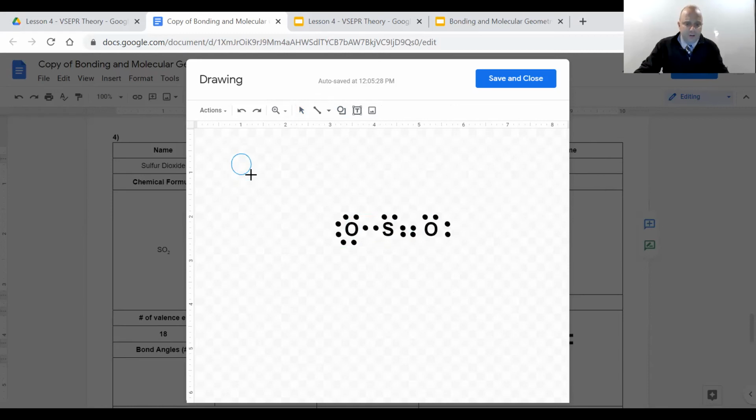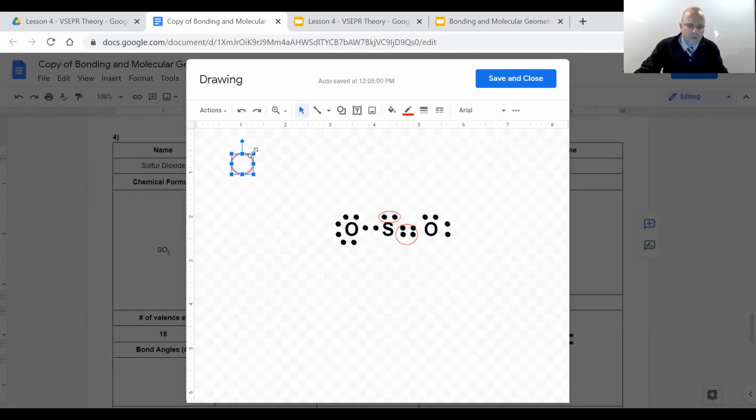So for the electron domains part, I'm going to make a circle here. I'm going to make 2 more. So the first thing is we have 1 electron domain here. We have a second electron domain. I'm just going to flatten this out a little bit. We have a second electron domain right here at the top.